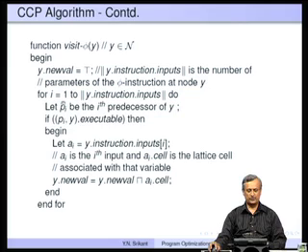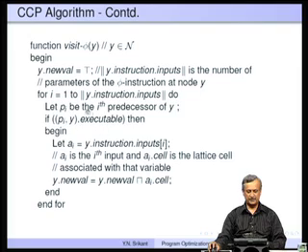Now we are going to take each one of the inputs and check whether the edge corresponding to that input is executable. Why? We want to actually take the meet of only those parameters whose corresponding edges are marked as executable, otherwise we do not want to touch them.